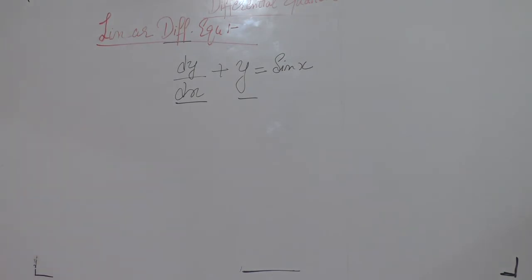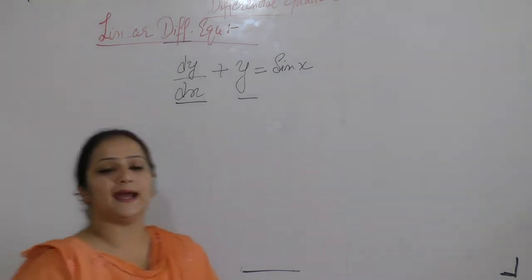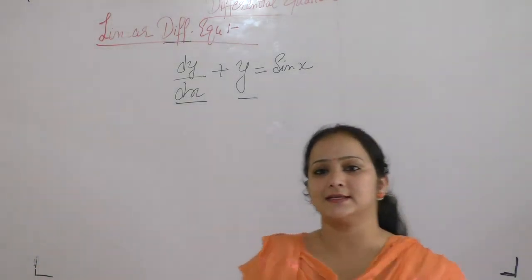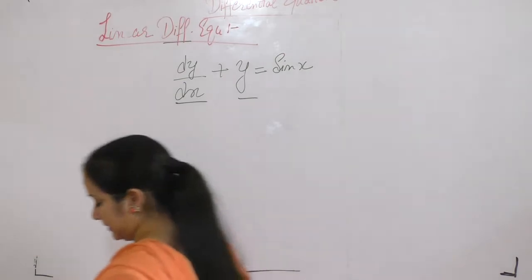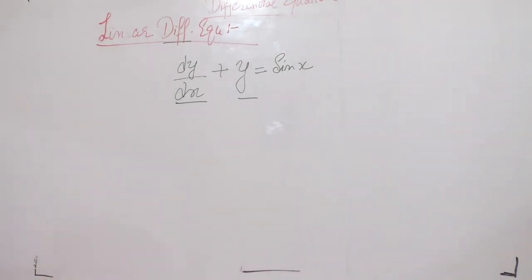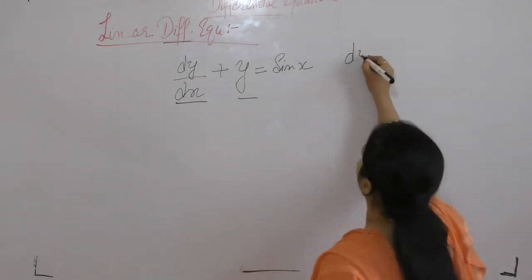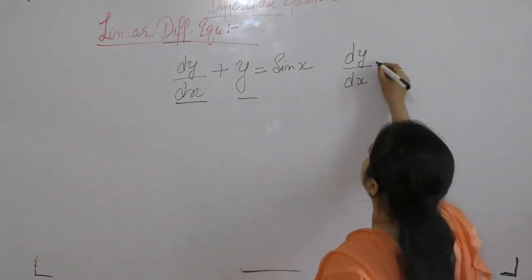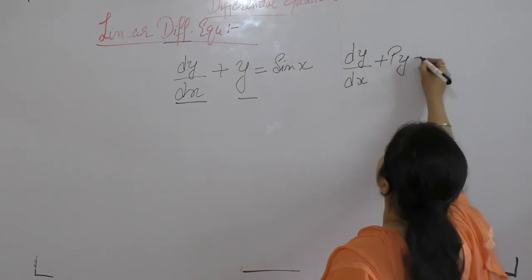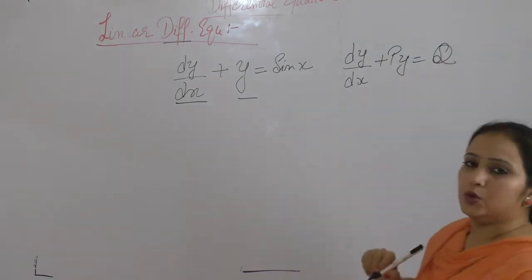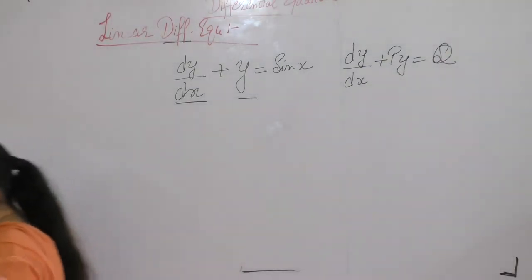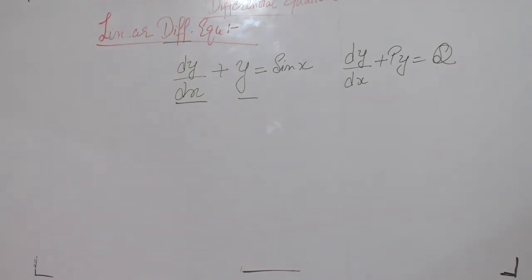A differential equation is linear if the dependent variable y and its derivative have degree 1. A linear differential equation is of the form dy upon dx plus p into y is equal to q. Let us start with the questions.